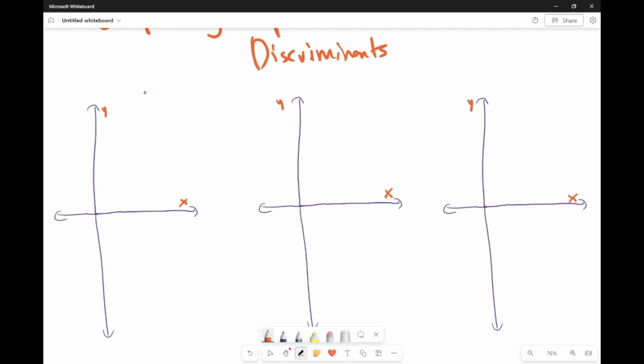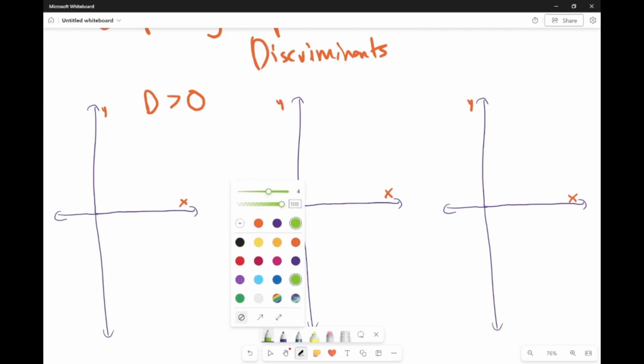So when d is greater than 0, which should be pretty much most of the quadratics you've solved in your entire life as of now, you'll notice that it's going to be something along the lines of this. The quadratic will look something like that.